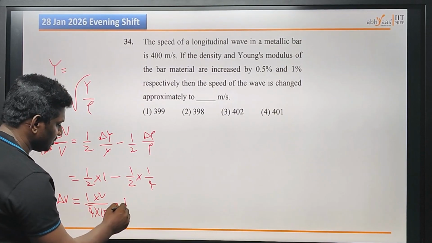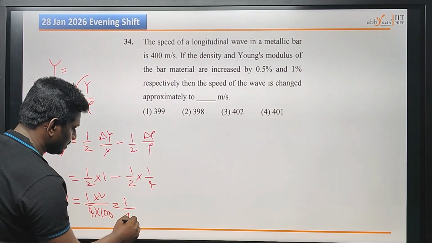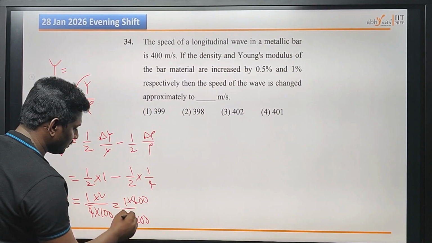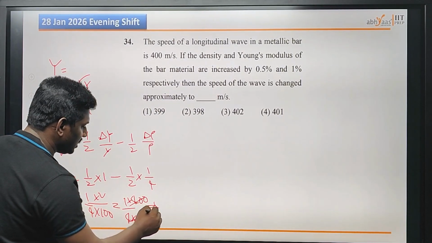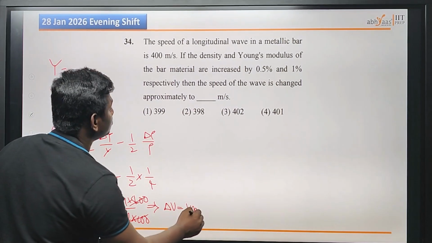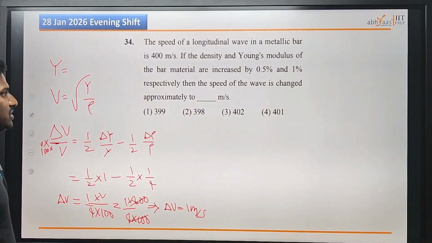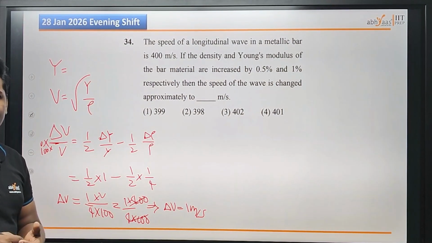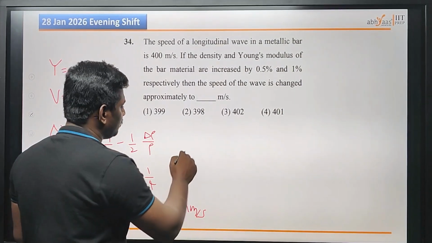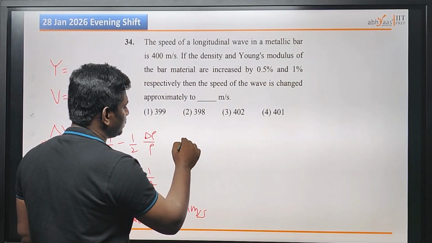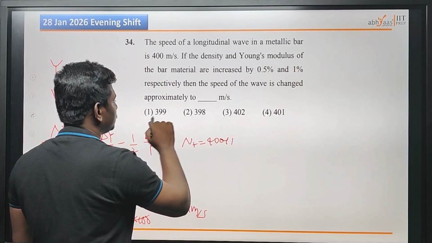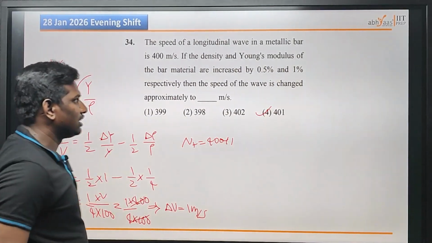So what is v? We already have 400. If we cancel out, delta v can be written as 1 meter per second. What is the total velocity? 400 plus 1, that is nothing but 401.